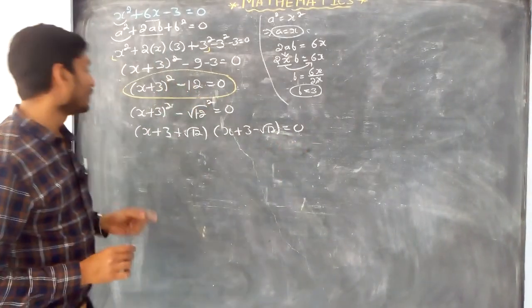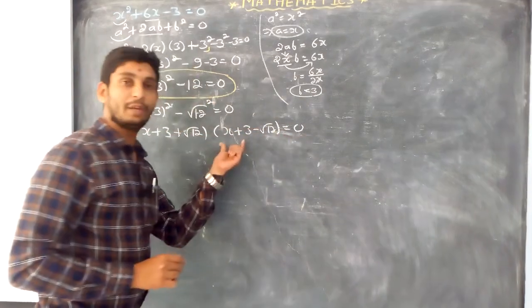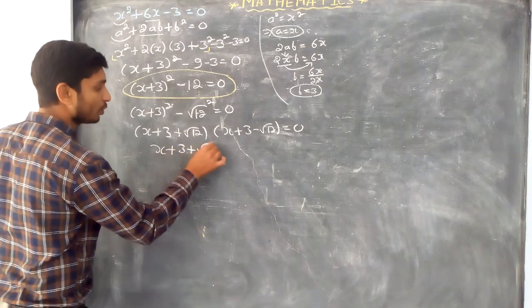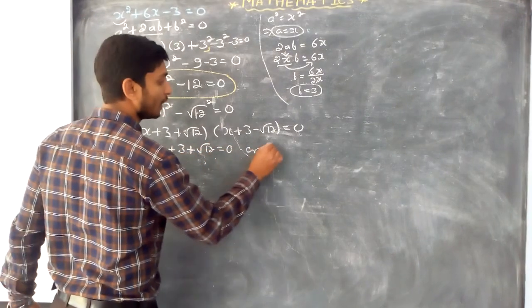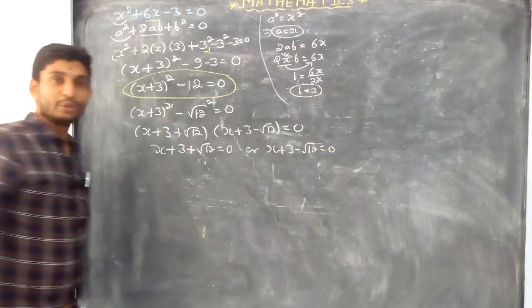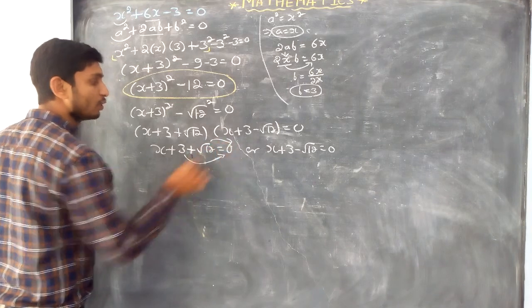What it says: a into b equals 0 means either a must be equal to 0 or b must be equal to 0. That means x plus 3 plus root 12 equals 0 or x plus 3 minus root 12 equals 0. Now I need the answer of x. Transfer the 3 and root 12 to that side.